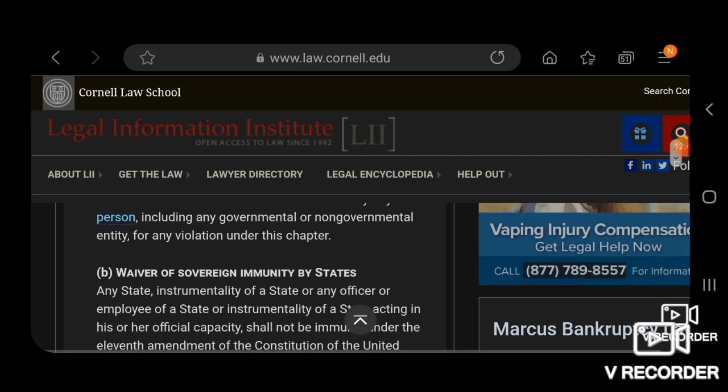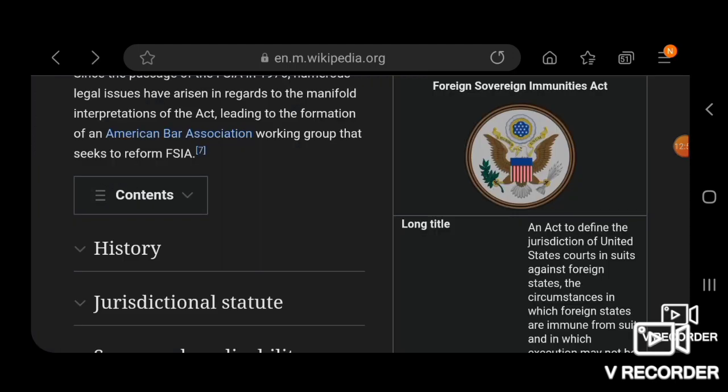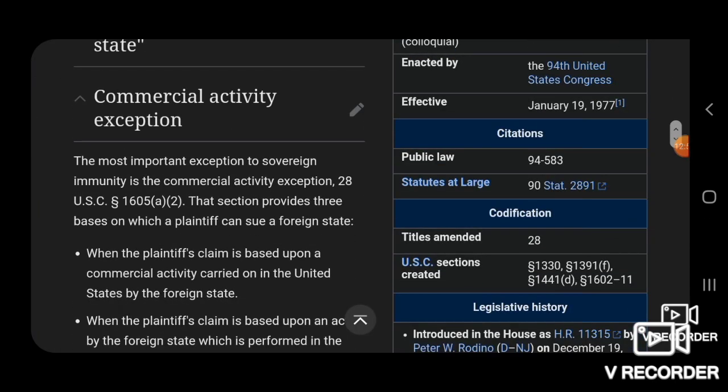Wait, excuse me. Let me make sure that I'm saying that right. I don't want to say it wrong. 5A, sorry. 5A. So the commercial activity, let me pull it up. 1605A2. Sorry, I said it right the first time. Okay. So, Title 28, United States Code, Section 1605A2.